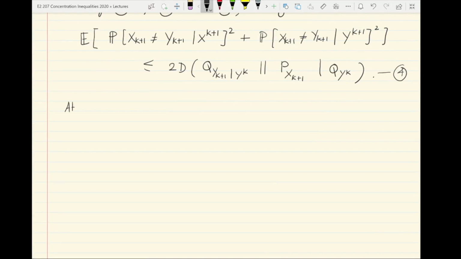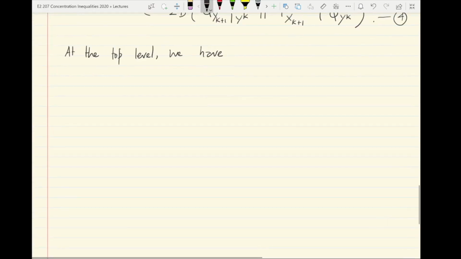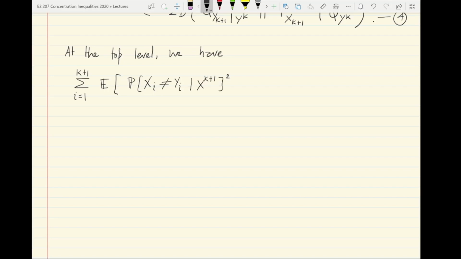At the top level, what we wanted to do to extend the induction hypothesis was to prove a bound on the following expression: sum over i equal to not k but k plus 1 of expected value of p xi not equal to yi given x up to k plus 1 square plus p xi not equal to yi given y up to k plus 1 the whole square.